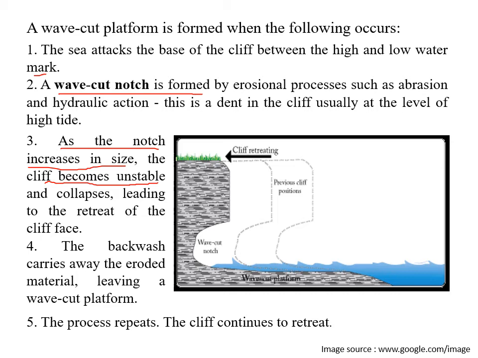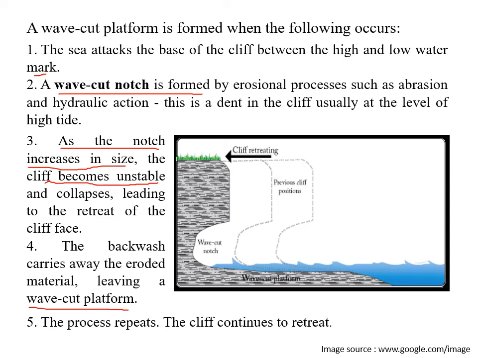The backwash or swash carries away the eroded material, and regular churning gradually disperses it along the coastal areas and forms a flat land or almost gently sloping surface, which is known as a wave cut platform. And the process occurs repeatedly.